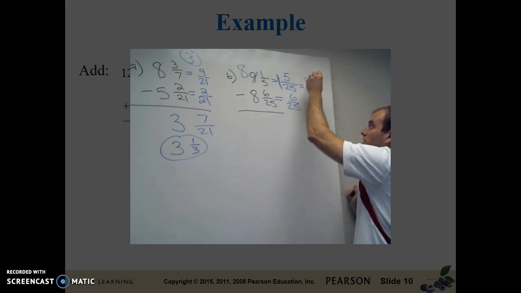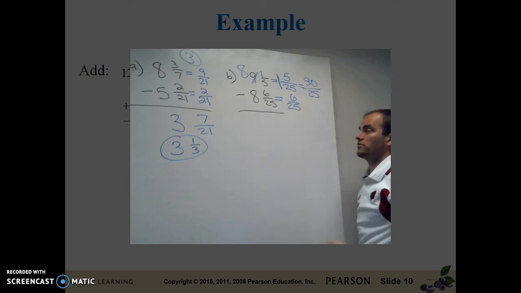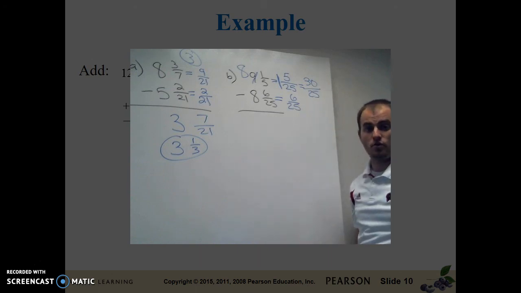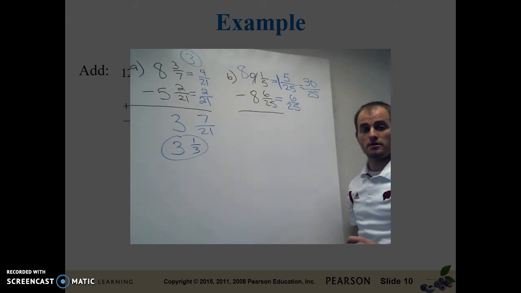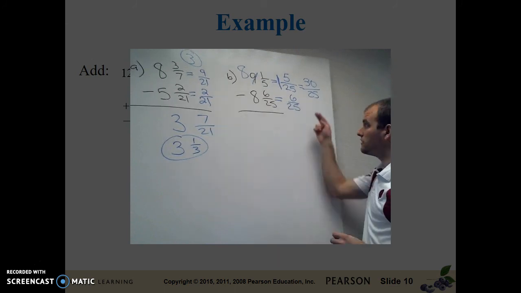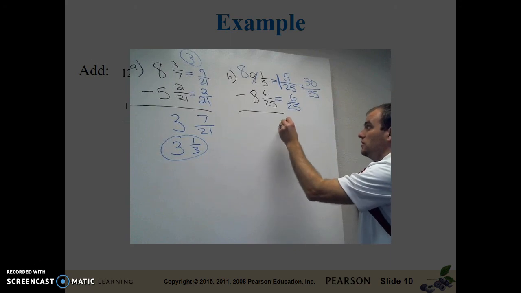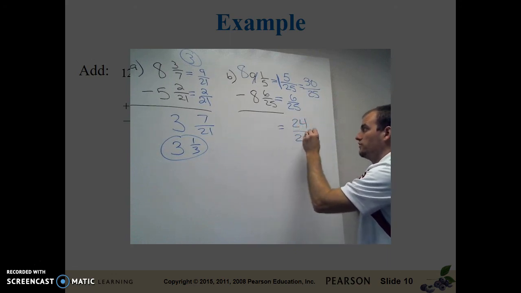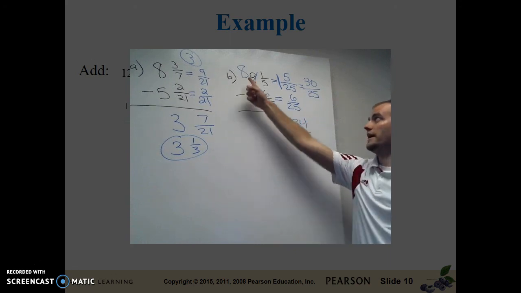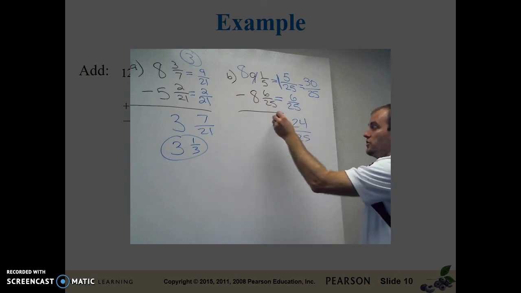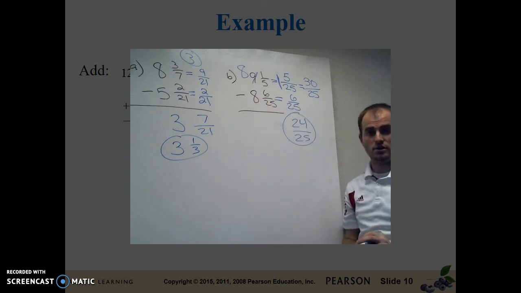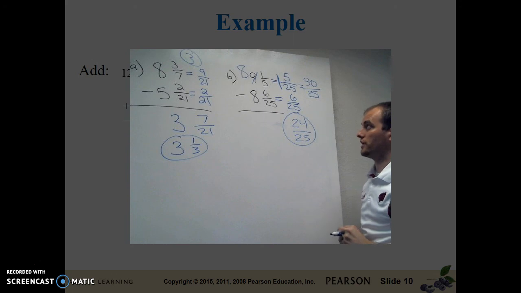This is the same thing as 30/25. Again, we have to go over 1 because we borrowed the whole number there. Now we can subtract the fractions. 30 minus 6 is 24/25. And 8 minus 8 leaves us with 0. So the answer is just 24/25.